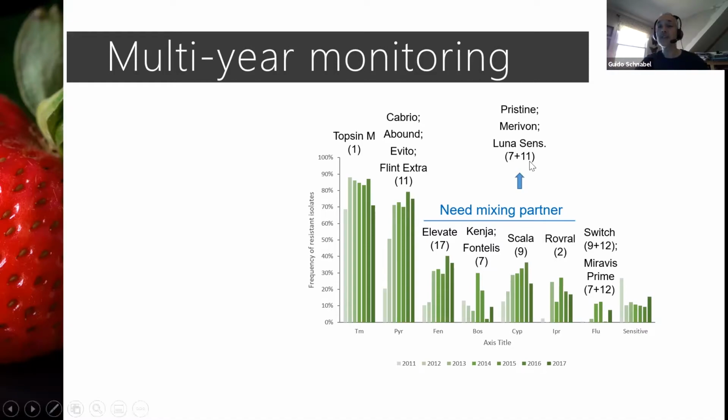So FRAC 7 in this premixture is basically all by itself, unprotected. And it's up to you to decide if you want to spray a 7-11 or just a 7. So if the 11 doesn't help the 7 to manage resistance, why would you spray the 11 for nothing if it doesn't work for anything?